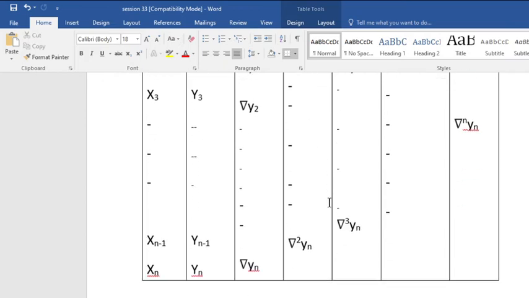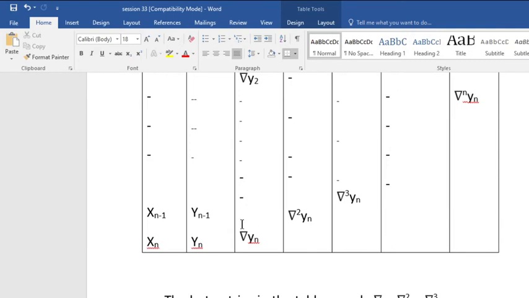Similarly for the second backward differences, the difference of the first backward difference of yn and the first backward difference of yn minus 1 gives the second backward difference of yn.